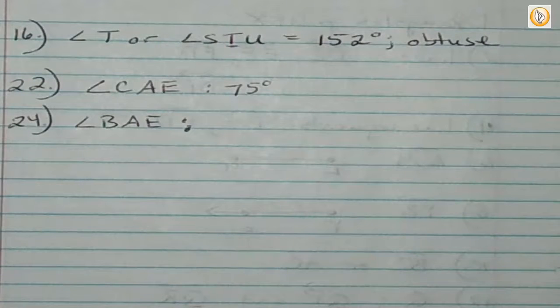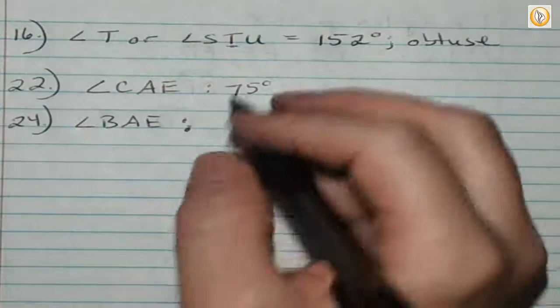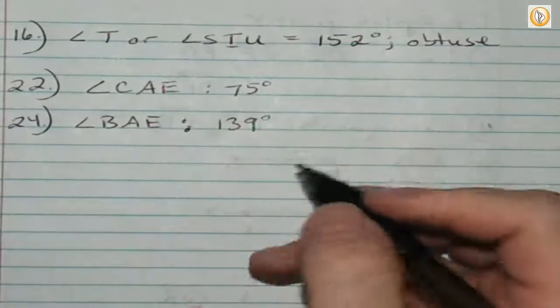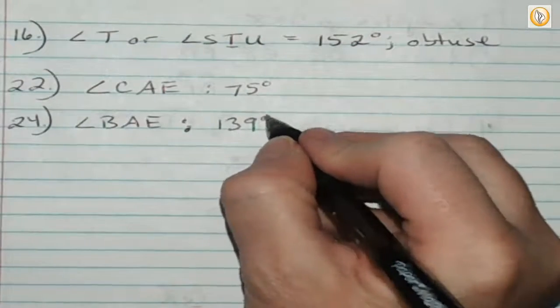You want to pass? Cecilia, what'd you get? 162. No. Let's see, Wit. 138. All right. I got the same thing. It's actually 139. Oh, you did. What the heck? But that's close.